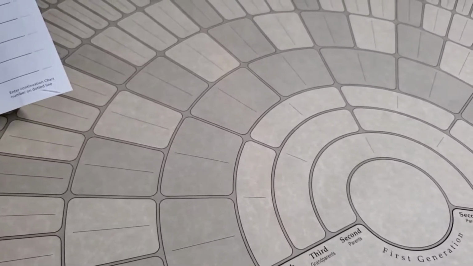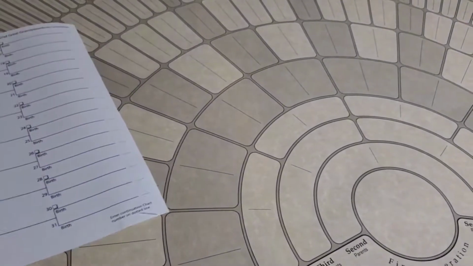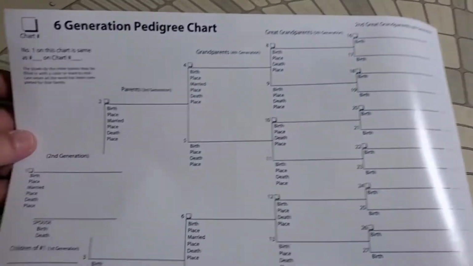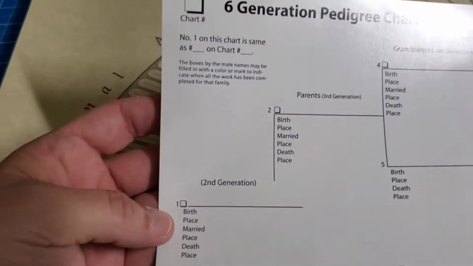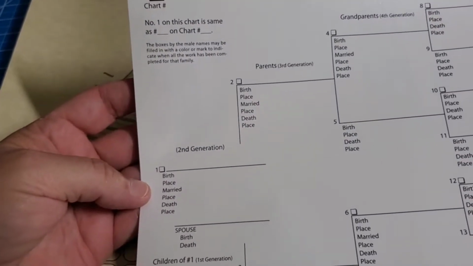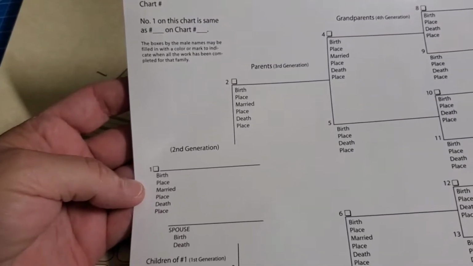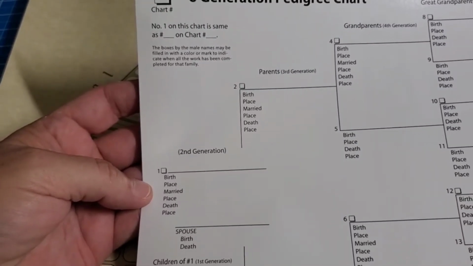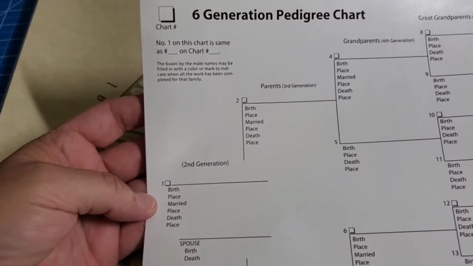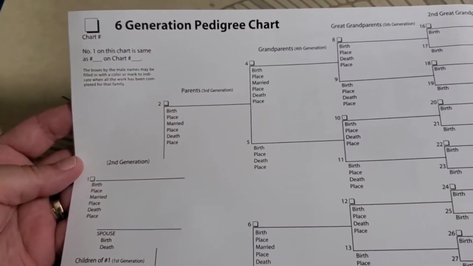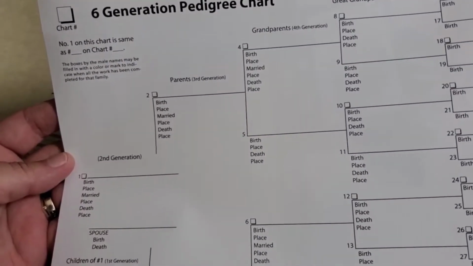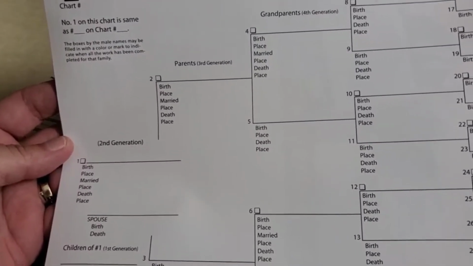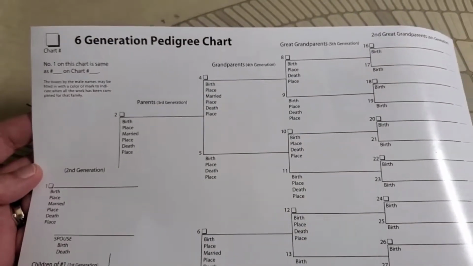Is it just names and dates of birth, or what all do you use? And I guess it's up for you to decide, but their little cheat sheet that you can start with has the birthplace, married place, death place. I looked online and looked at some templates there, because this just says the places. It doesn't ask for the dates and all of that.